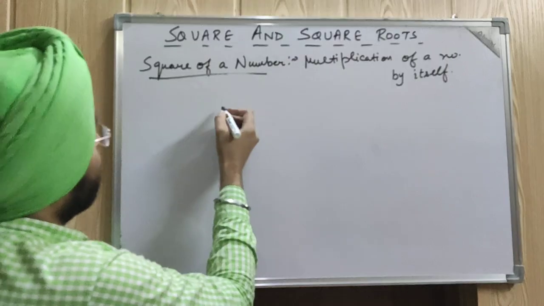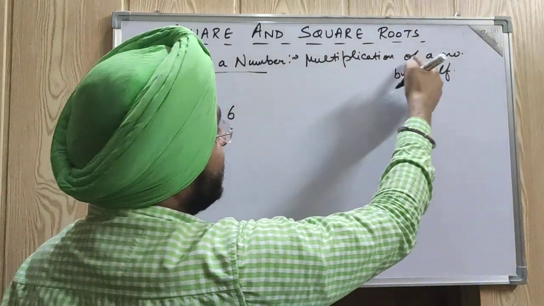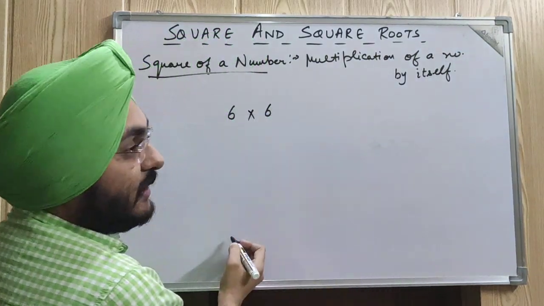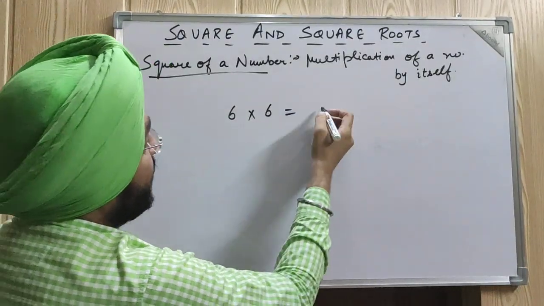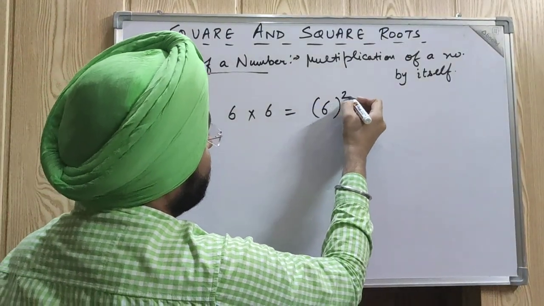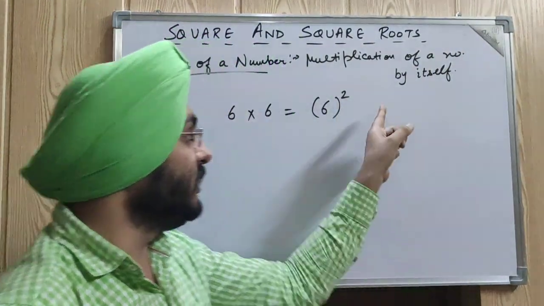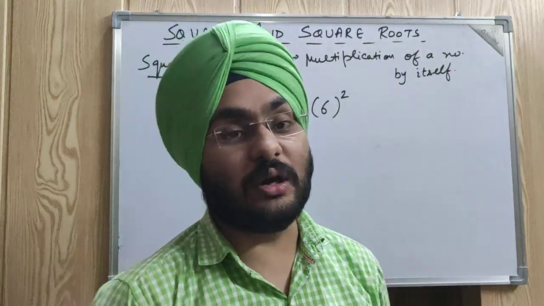Suppose I have taken the number 6. It says multiplication of a number, and the number is 6, by itself. It means we have to multiply 6 by 6. So basically I can write this as 6 raised to the power 2. This is called the square of a number, which means the square of 6.